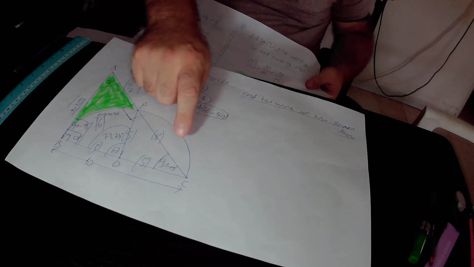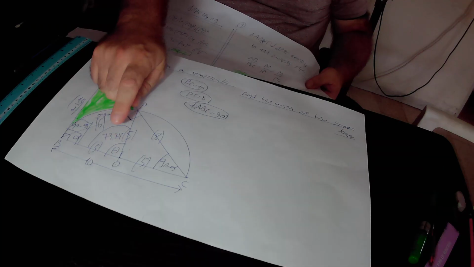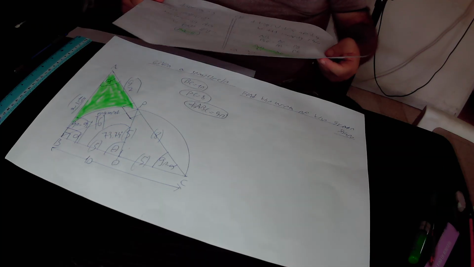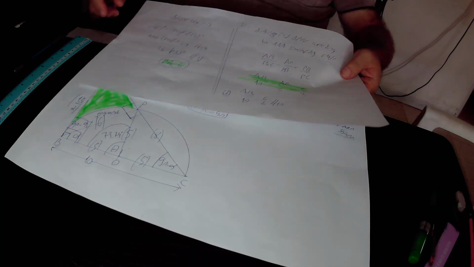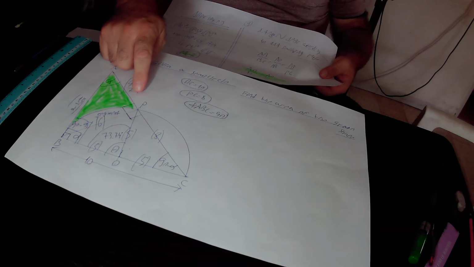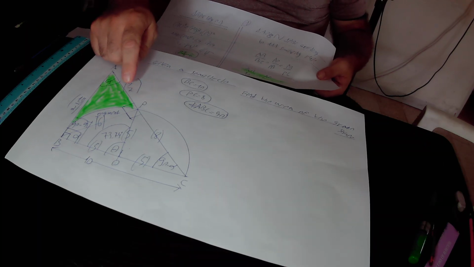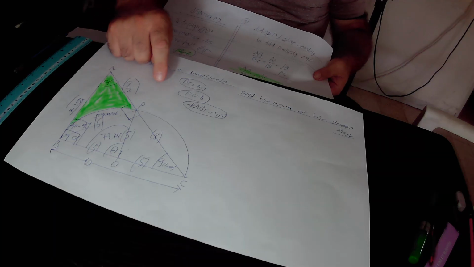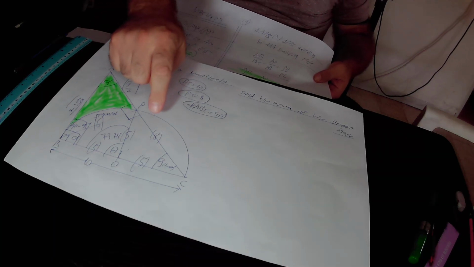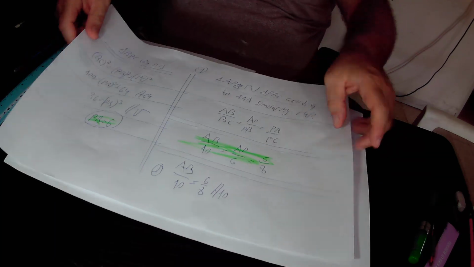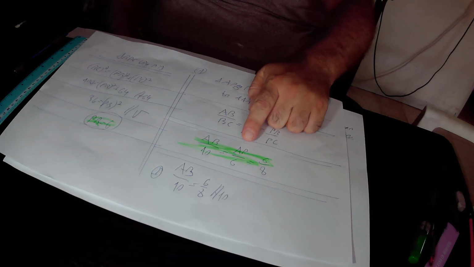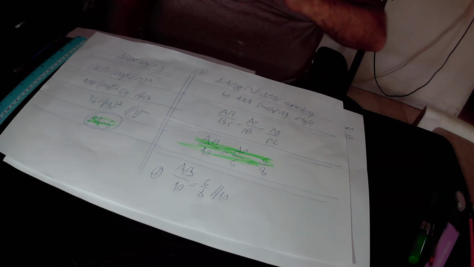Over BC, BC equals 10, and AP is the missing side, so we leave it as it is. Over PB, PB equals 6, and we have PB again, that is 6, over PC, PC is 8. So in total, AB over 10 equals AP over 6 equals 6 eighths.